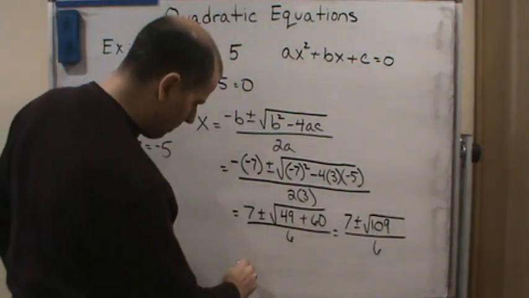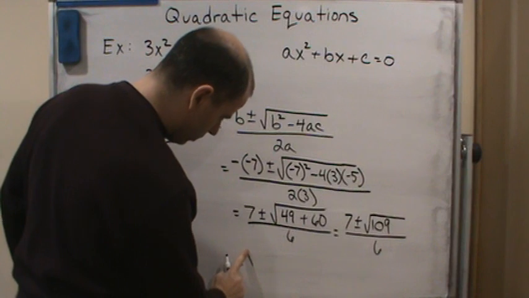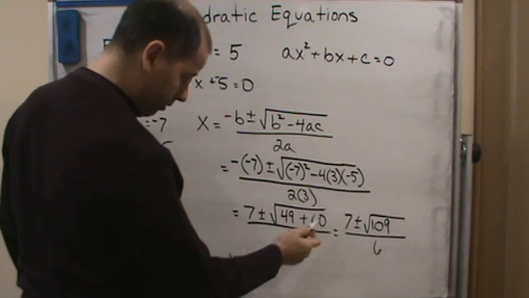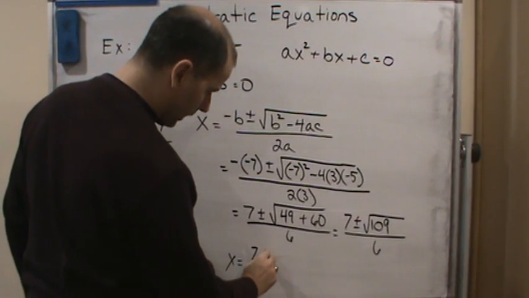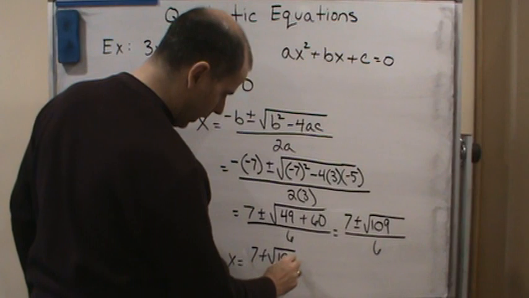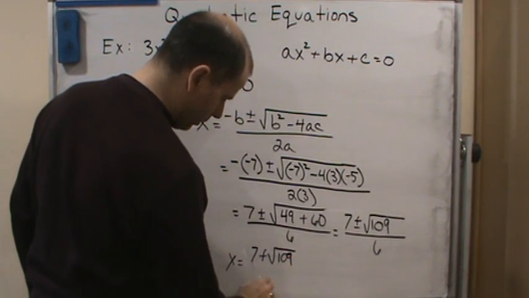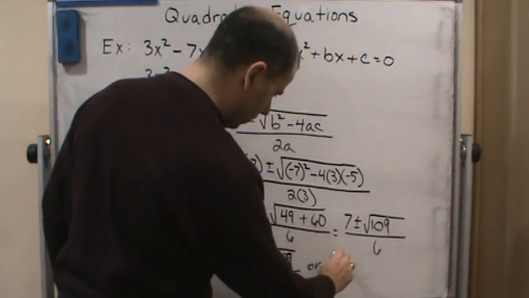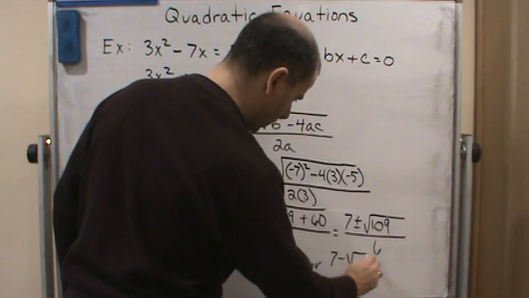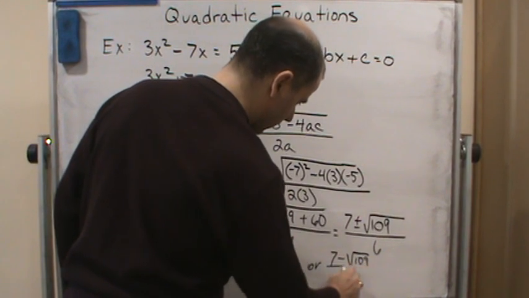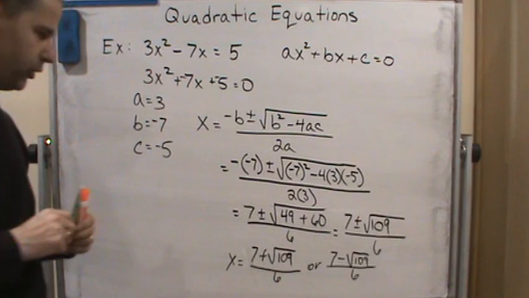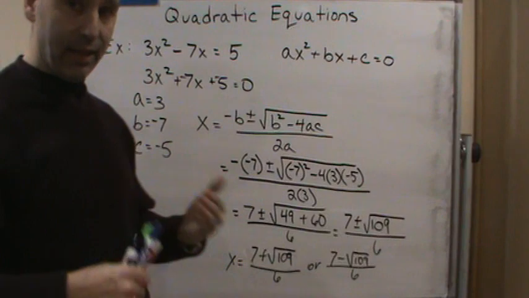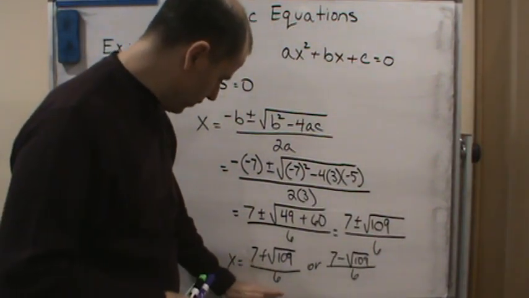It means that x is going to equal either 7 plus the square root of 109 divided by 6, or it's going to equal 7 minus the square root of 109 divided by 6. Those are your two answers. So what we need to do is put these in our calculator separately.